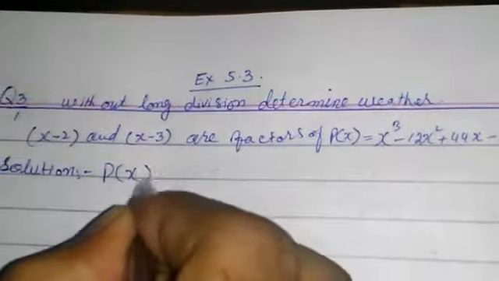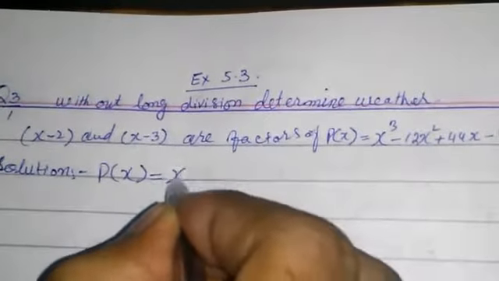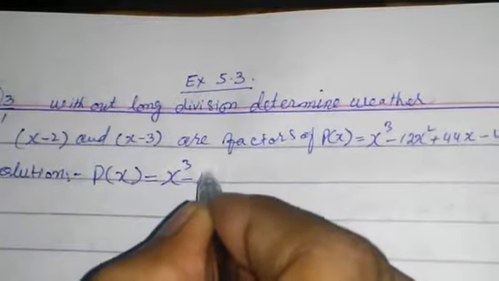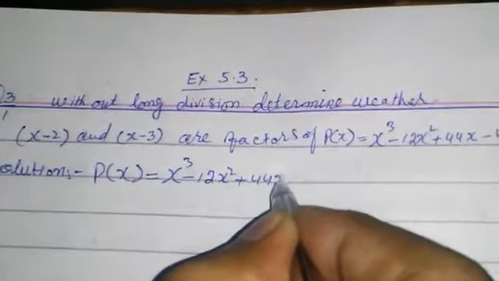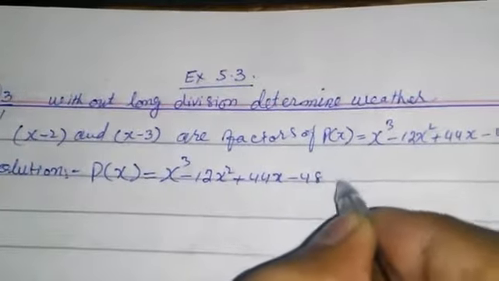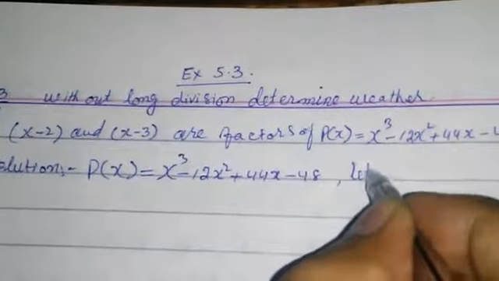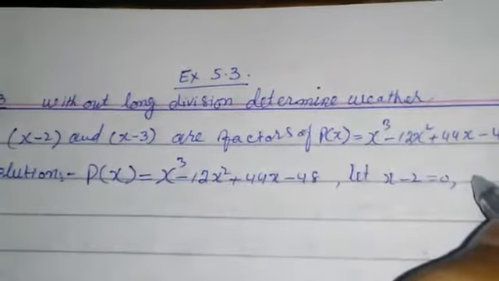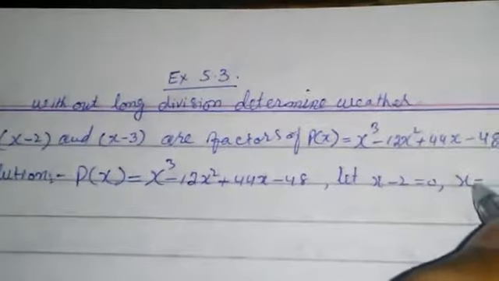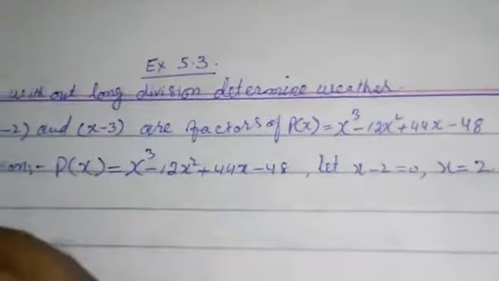p(x) is equal to x cube minus 12x square plus 44x minus 48, and let x minus 2 is equal to 0, so x is equal to 2.